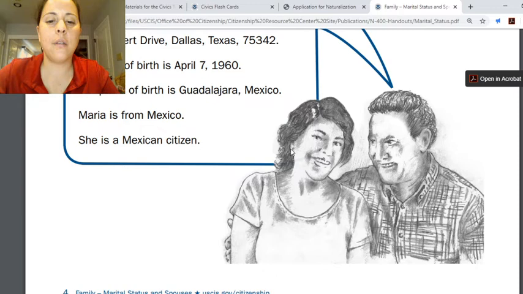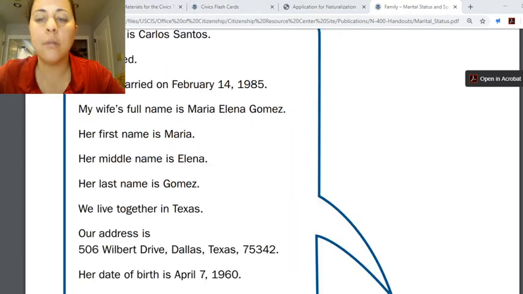So, at Carlos's interview, they are going to ask him about his wife. What is his name? Carlos Santos. What is Carlos' marital status? He is married.